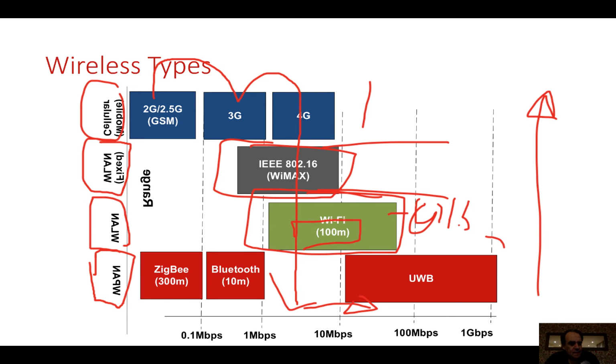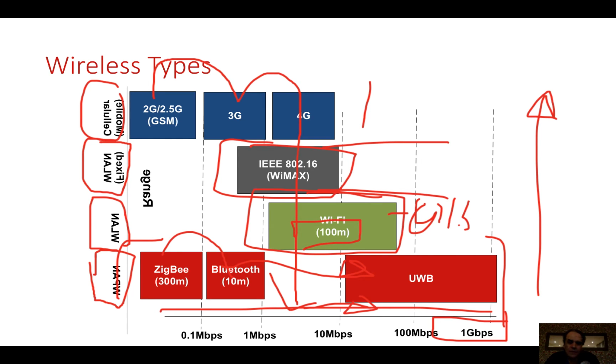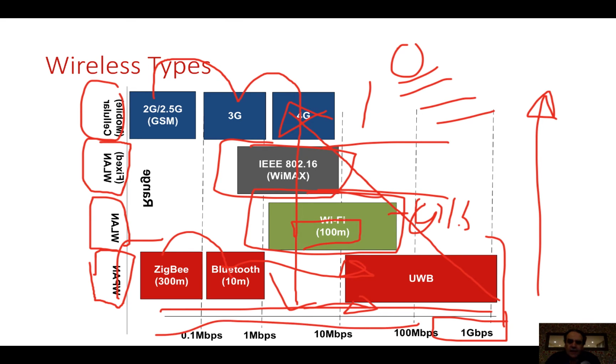And then at the bottom we get excellent coverage from Zigbee up through Bluetooth and then onto ultra-wideband. Ultra-wideband can take us up to and over 1 gigabit per second. As you can see here, typically the wider the range of the technology, that is the more the radio waves spread, the lower the data rate that we can actually transmit.